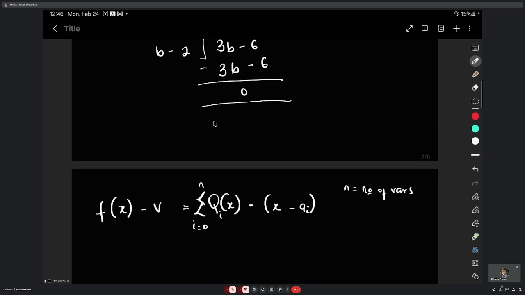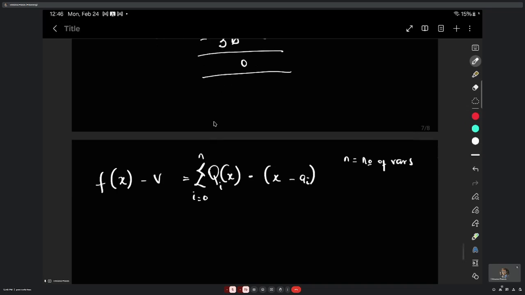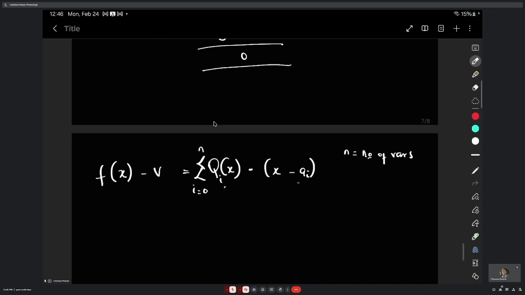Our quotients are always our proofs. So every factor is going to have a corresponding proof. That's just what this means: every factor with its corresponding proof. But then we are going to sum everything together. Does it make sense?